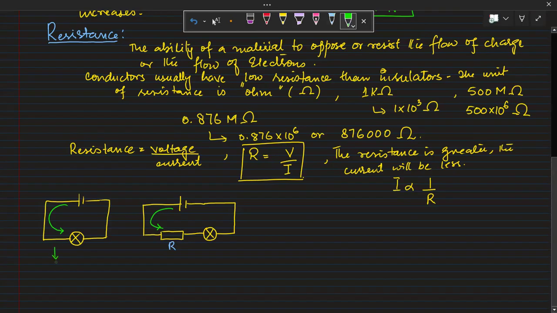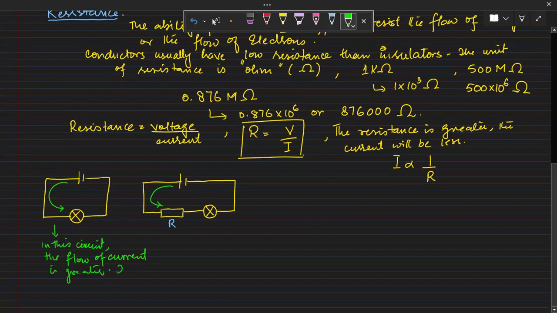So in this circuit, the flow of current is greater, and the brightness of the lamp will be greater.